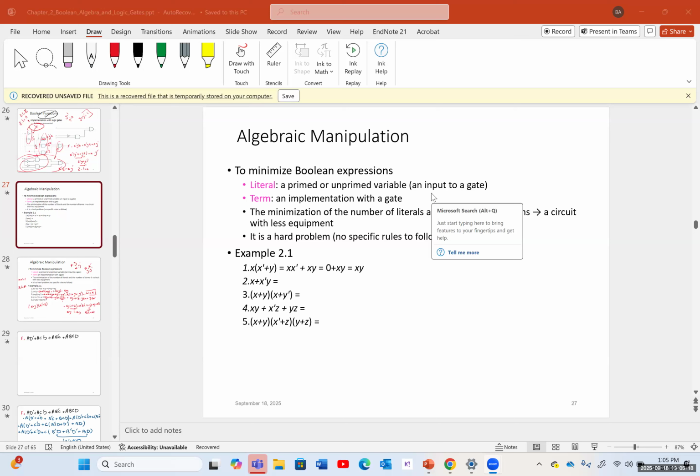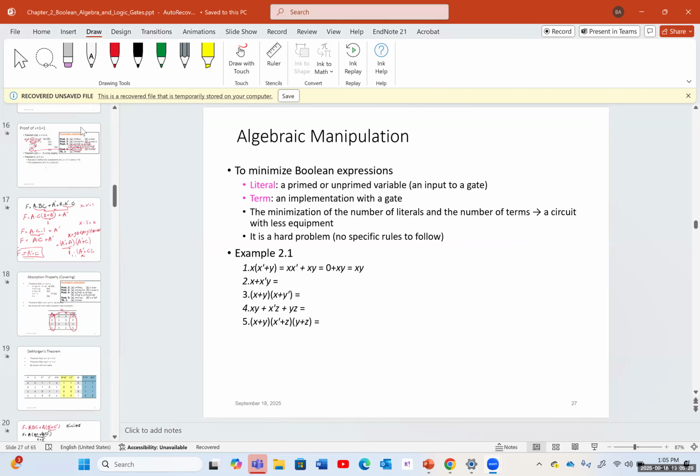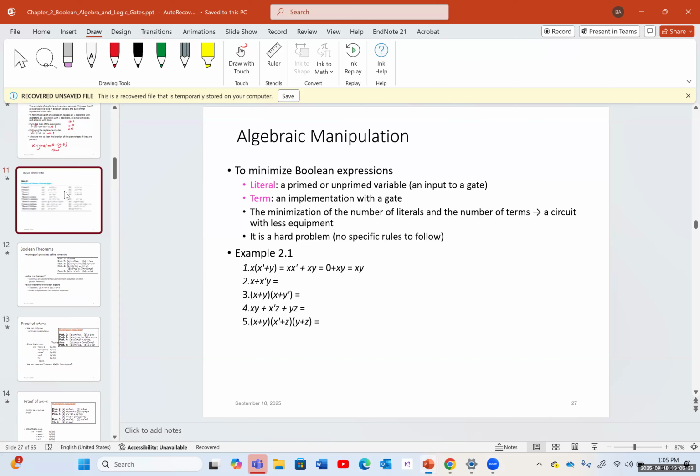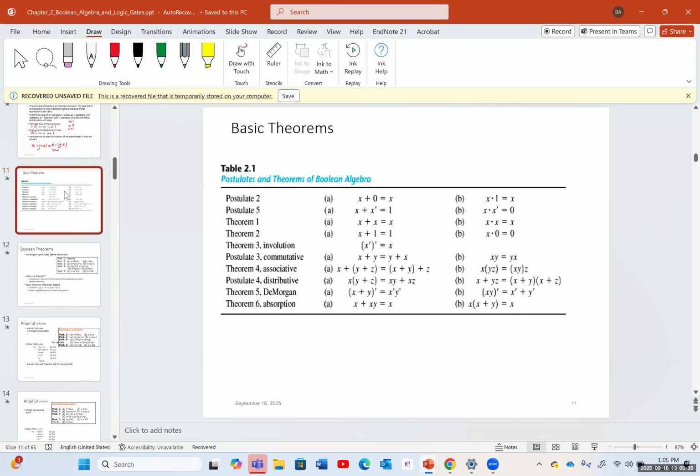In the previous class, we started Boolean algebra and some postulates and theorems. Why do we use those postulates and theorems? We use them to be able to minimize a Boolean function and simplify it as much as possible.